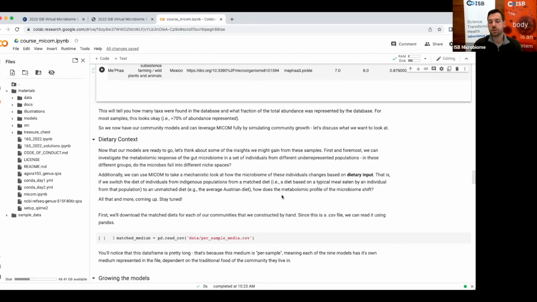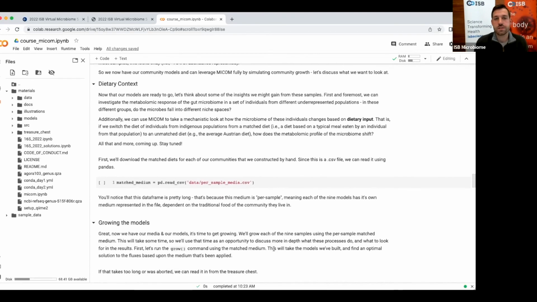For instance, today we'll be using a representative Austrian diet. How does the metabolomic profile of the microbiome that we're modeling shift? What exports are different? How does the growth behavior of each of the individual taxa change based on the dietary input that we feed the microbiome? So that's sort of the overview of what we plan to do with our models here today.